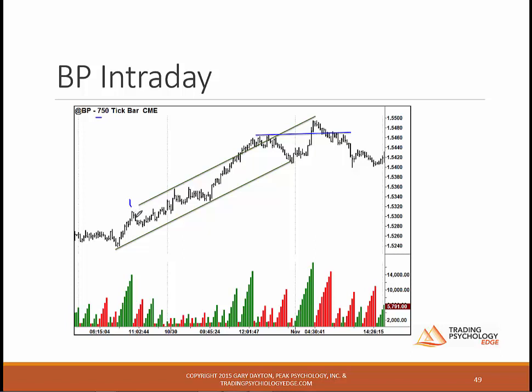Of course, we're looking at this real time, so just like a 5-minute chart, it's being painted real time. But once 750 trades have taken place, it goes on to the next bar. It's not time bound, it's activity bound, which has lots of positive things to it.